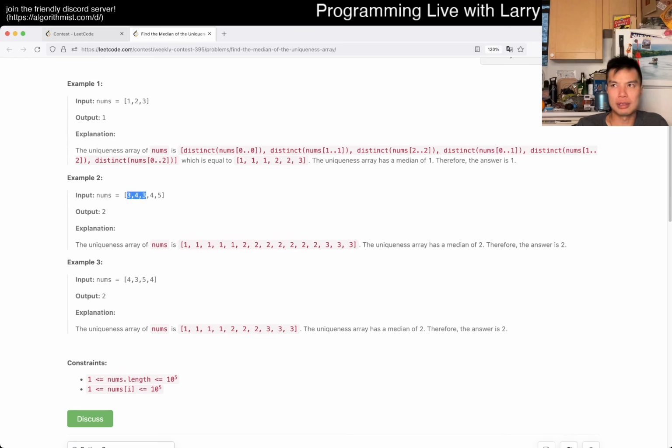This is a 2 too. And this is a 2. And this is a 2. And you can't just iterate on all different things.